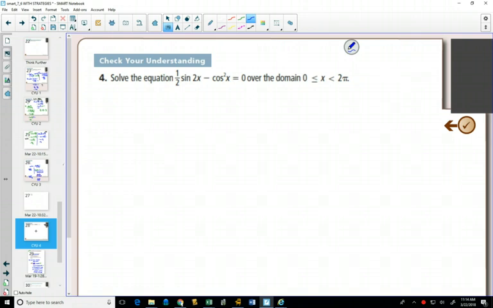Do we use it as a multi-revolution, or do we use it as a double angle identity? Because we have the other function, the first thing we'll do is change the sine 2x to 2 sine x cos x.